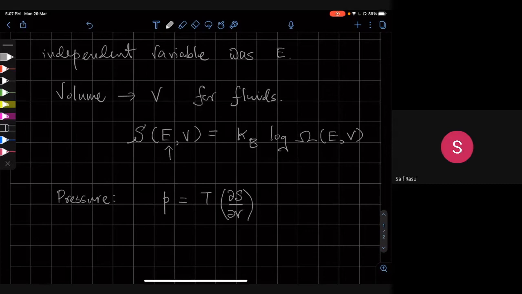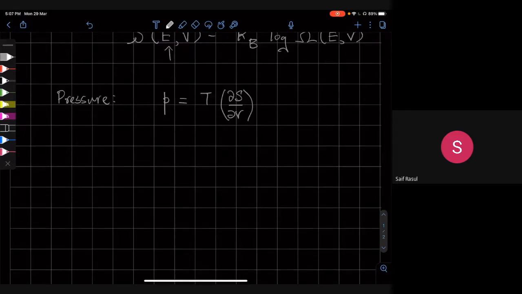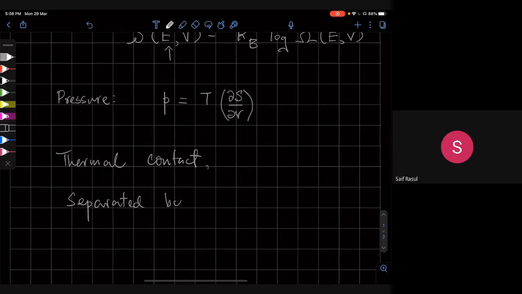Now, suppose we do the same thing, but in addition to thermal contact between the systems, the two systems are separated by a movable wall, okay?